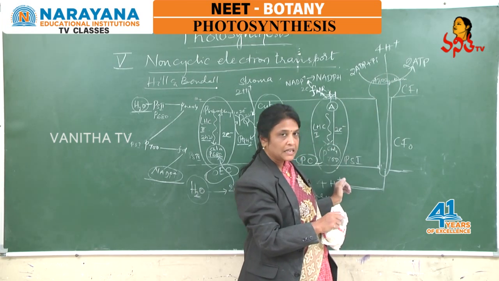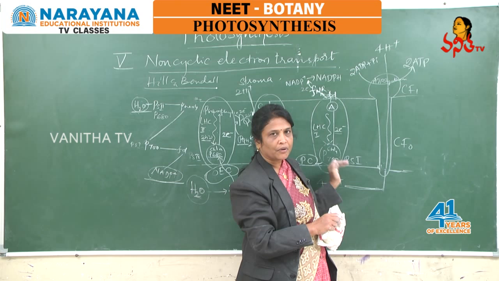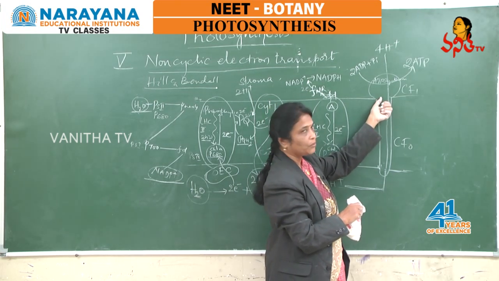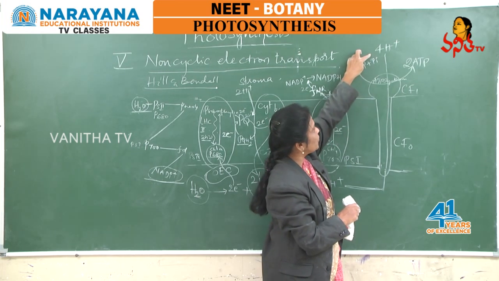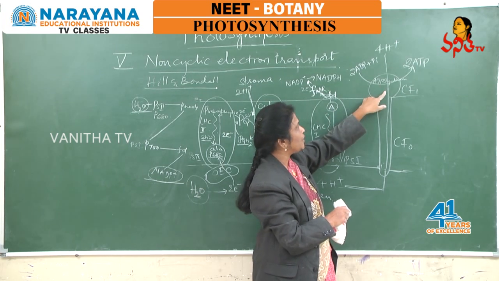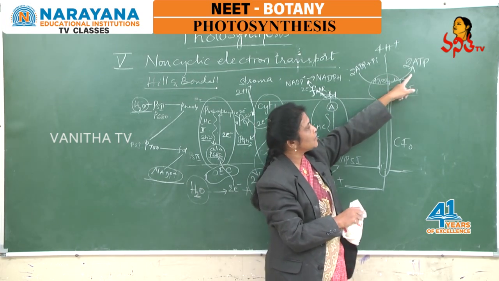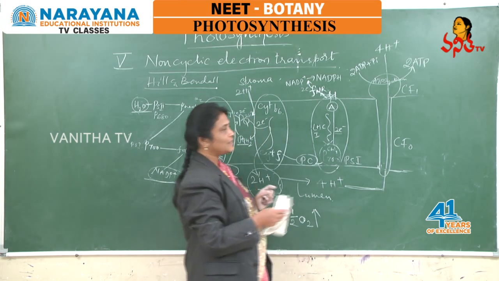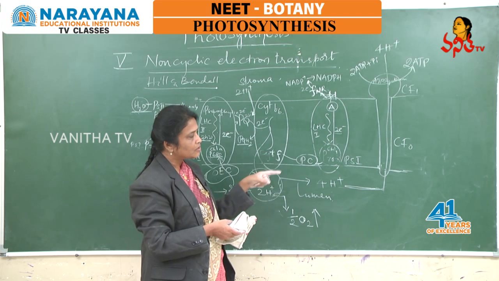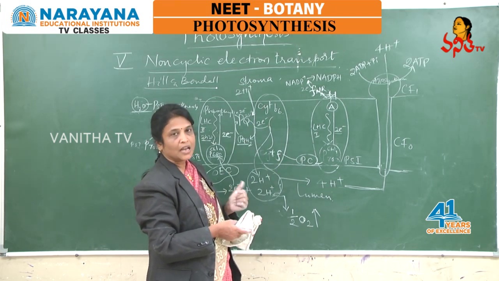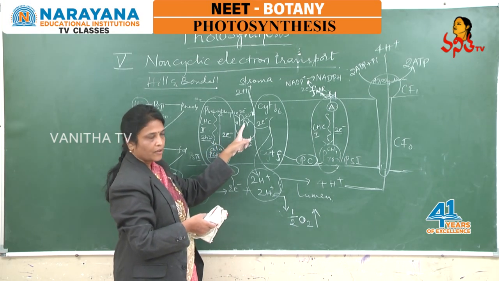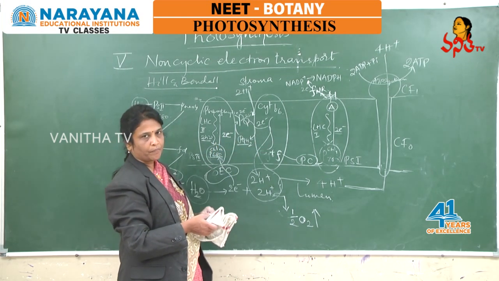But here, as a result of non-cyclic electron transport of a pair of electrons, 4 protons are channeled through the coupling factor, and those 4 protons are again added to the stroma. Meanwhile, the energy liberated may be utilized for the synthesis of 2 ATP, as explained by Peter Mitchell. So here electron transport also caused the synthesis of ATP, as it caused proton translocation, due to the involvement of plastoquinone and cytochrome complex.